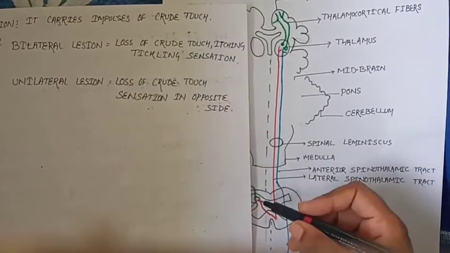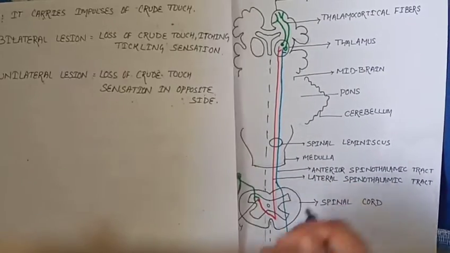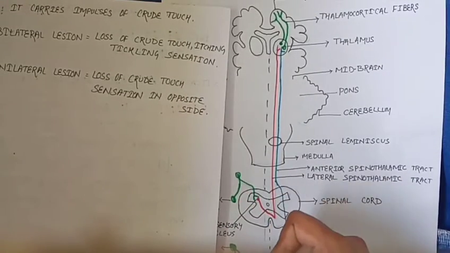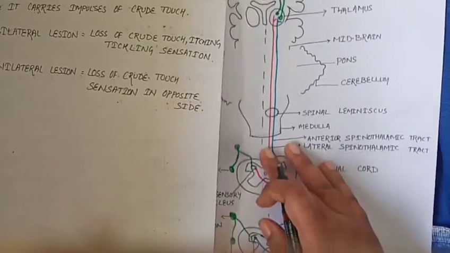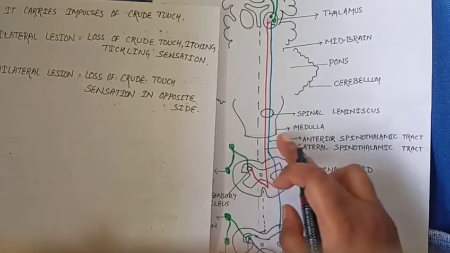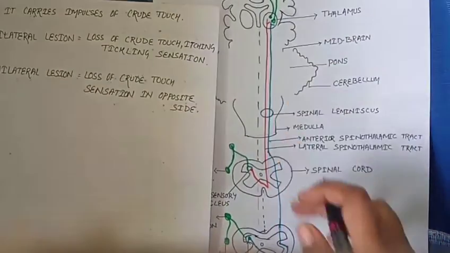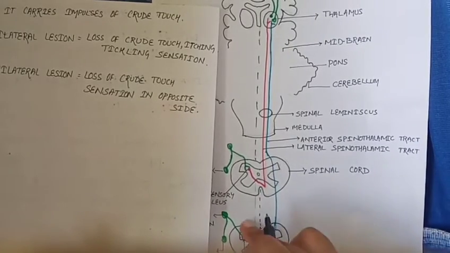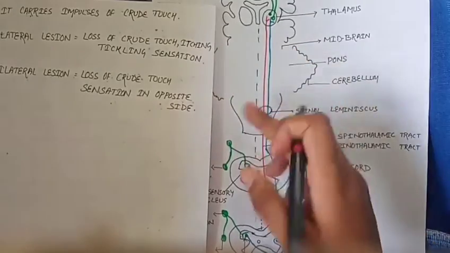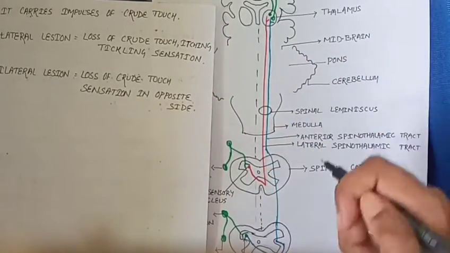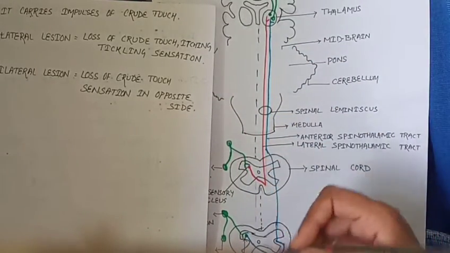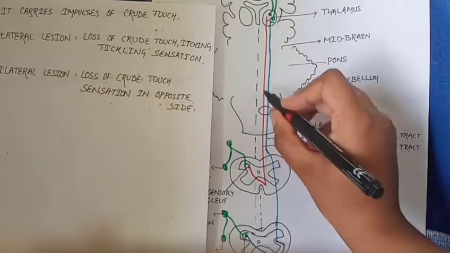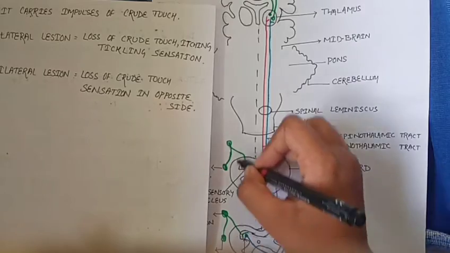If a lesion occurs on the left side, the fibers on the left side get damaged. In the same way, on the right side there are fibers that go upward in the same way. I did not show the other side in this diagram, but you can understand that the same fibers go that way, and another fiber also goes that way.